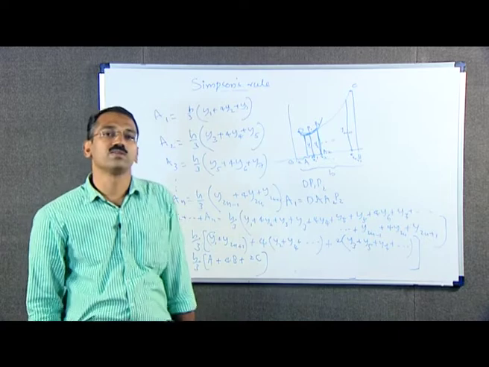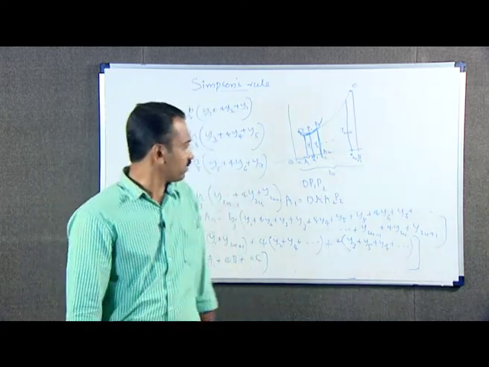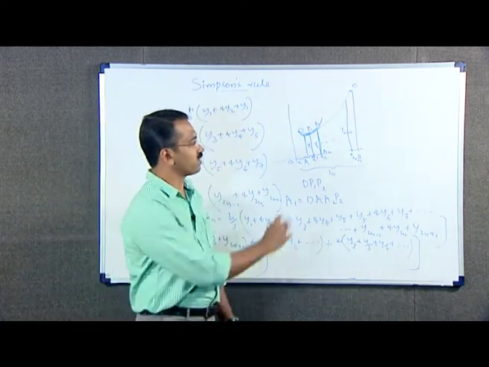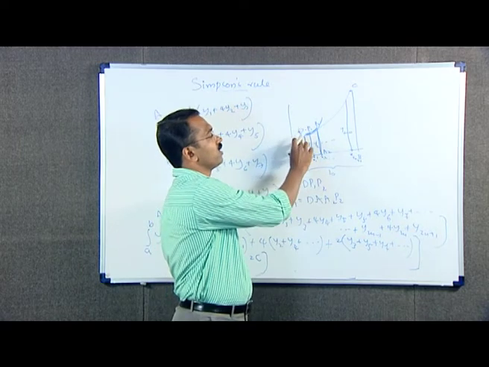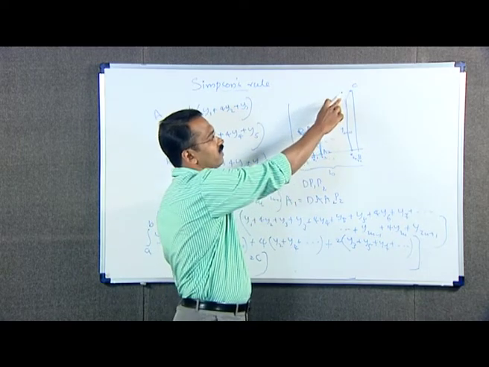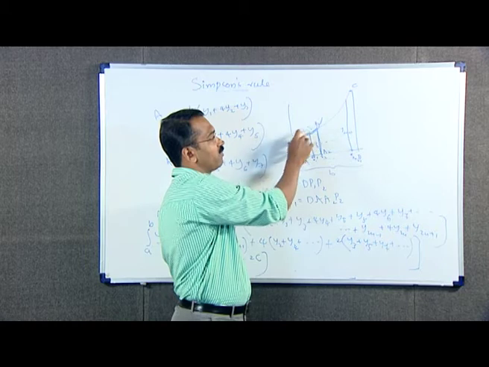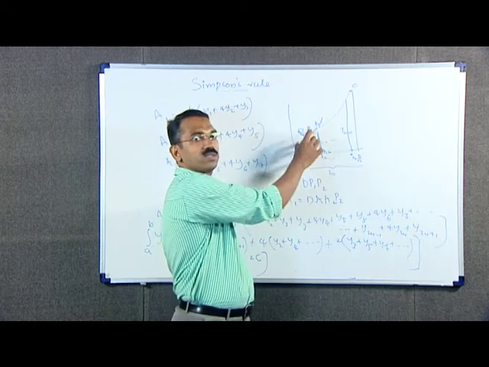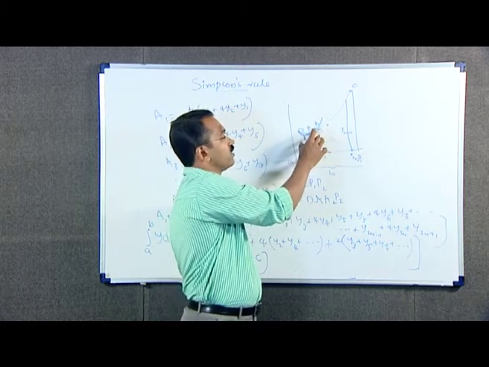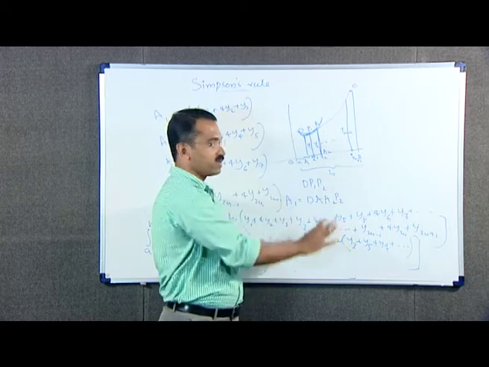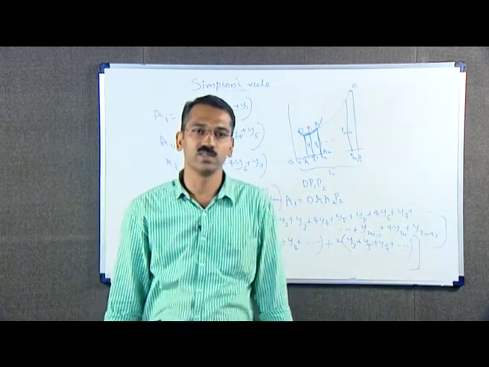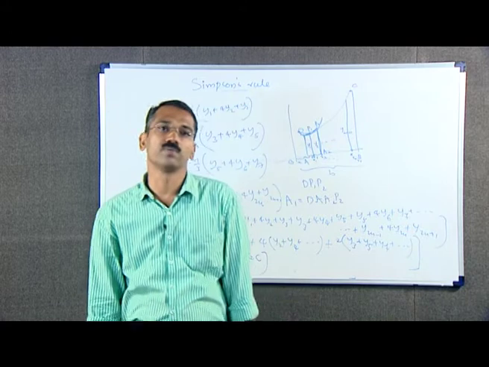This is Simpson's rule, the geometrical interpretation of Simpson's rule. That is, we approximate the curve by a parabolic arc, find the corresponding area, and sum all these areas, and we get Simpson's rule.